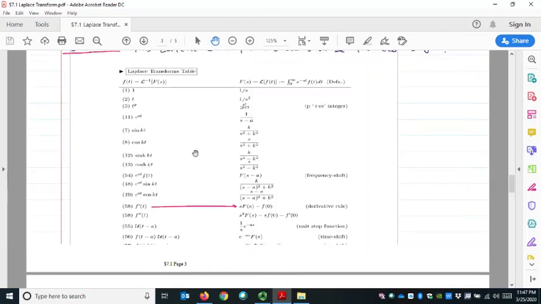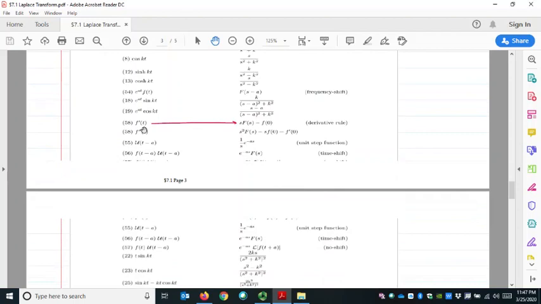This table covers the Laplace transform of trigonometric functions, sine functions, hyperbolic functions, and Laplace transform of the derivatives. Let me go over formula number 58. The Laplace transform of little f prime t becomes s times capital F of s minus f(0).